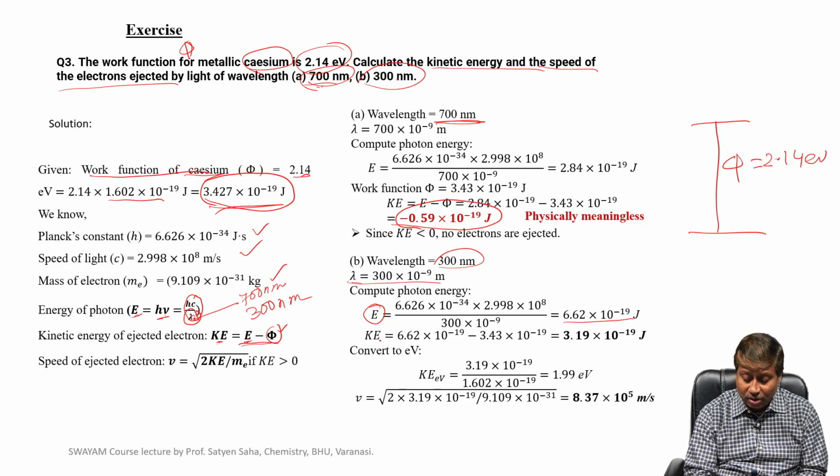The kinetic energy is E minus the work function, so you have 3.19 into 10 to the power minus 19 joule.